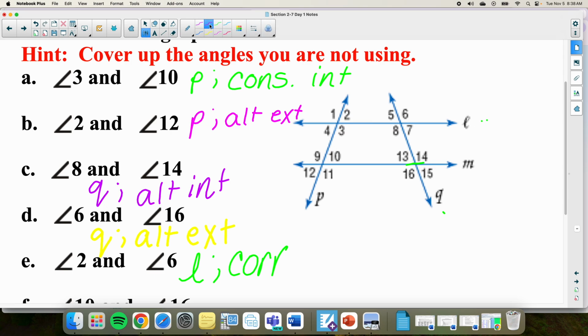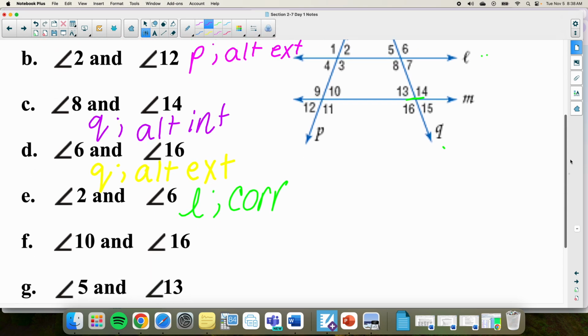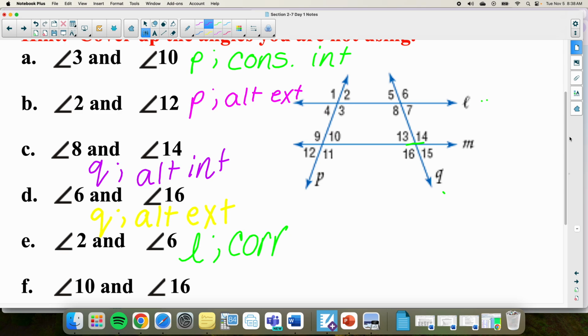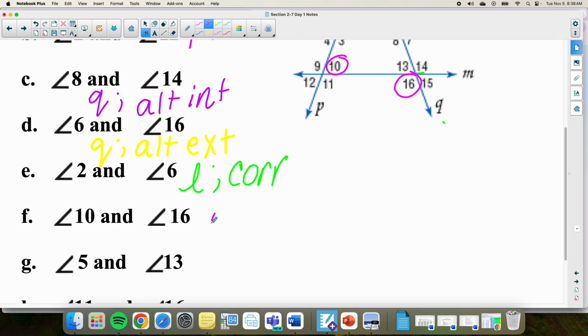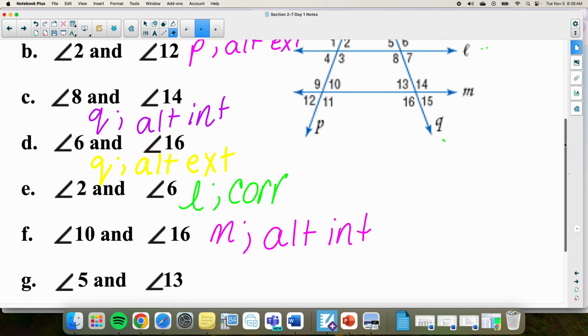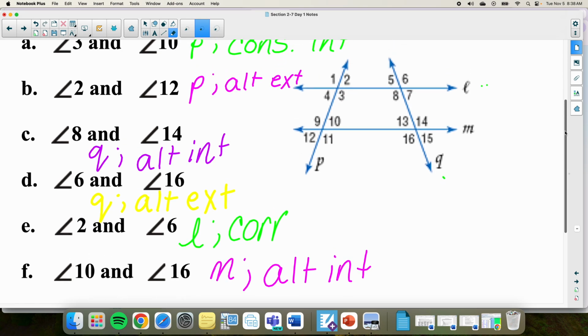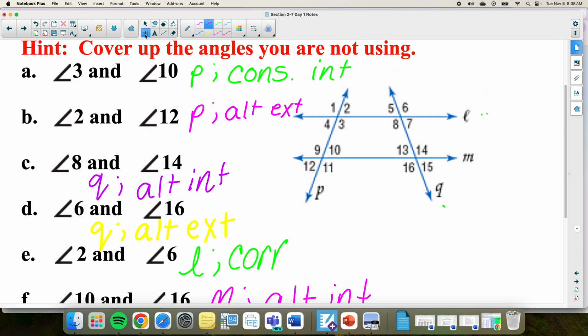Okay? Then if we look, we have 10 and 16. So here's 10, here's 16. Ignore this whole upper group. What line do they both lie along? M. And then what kind do those look like? Alternate interior. Very good. Okay. Then the next one is 5 and 13.